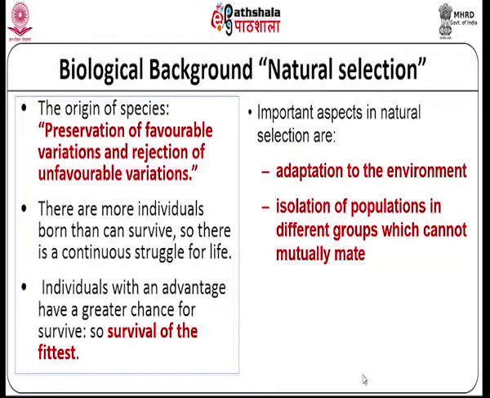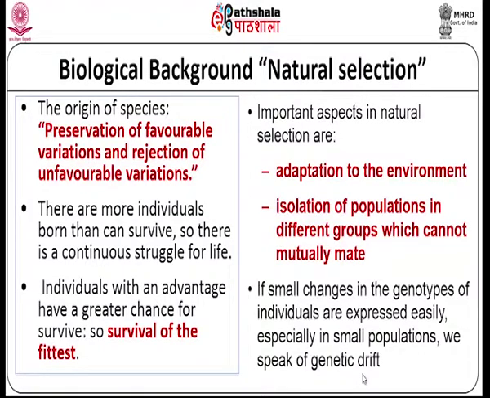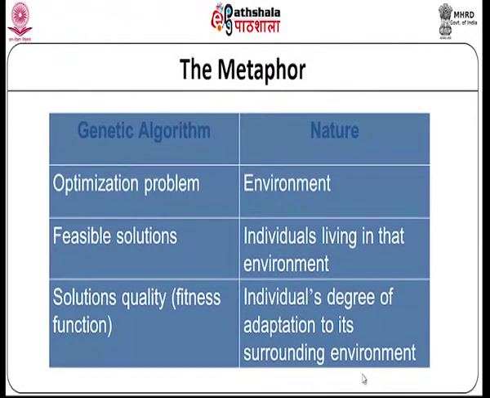That is also an important aspect of natural selection. If small changes in the genotypes of individuals are expressed easily, especially in a small population, then we talk of genetic drift. So, that is about natural selection.